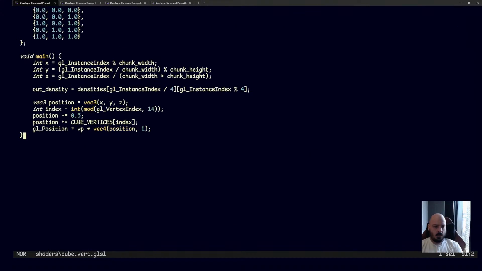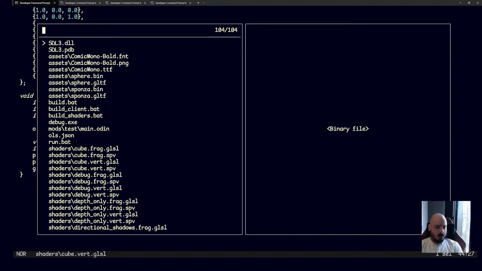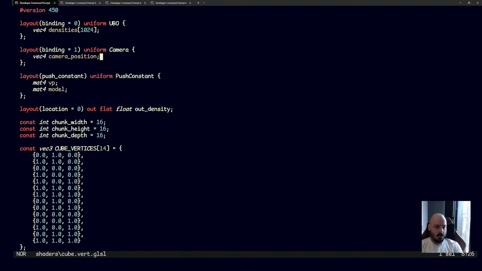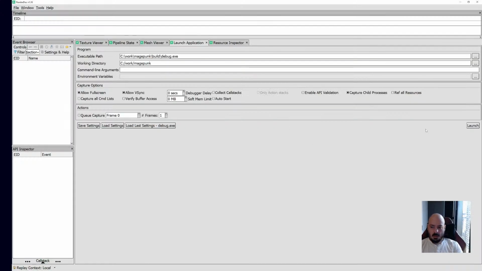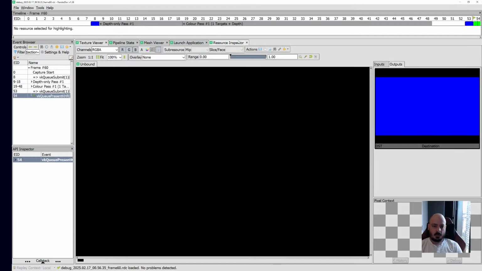Let me change the color somehow. So the color is supposed to be being set by the density value, right? But it's always blue. So it's kind of telling me that the density value is not ever very big. Let's have a look. That looks very blue.